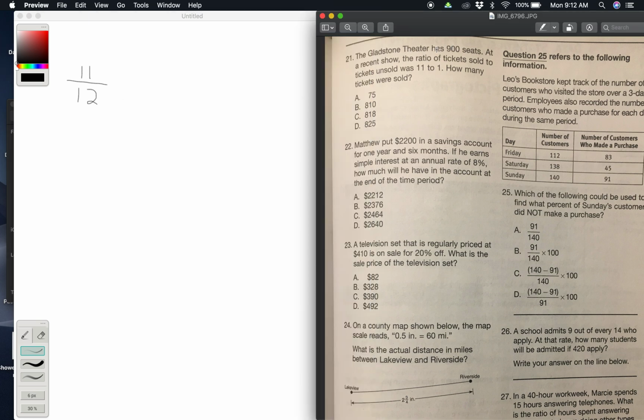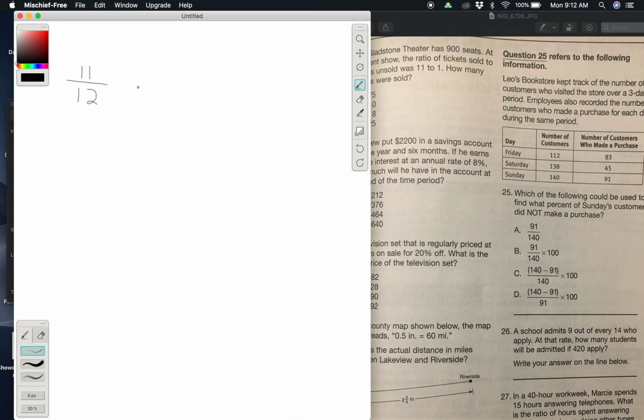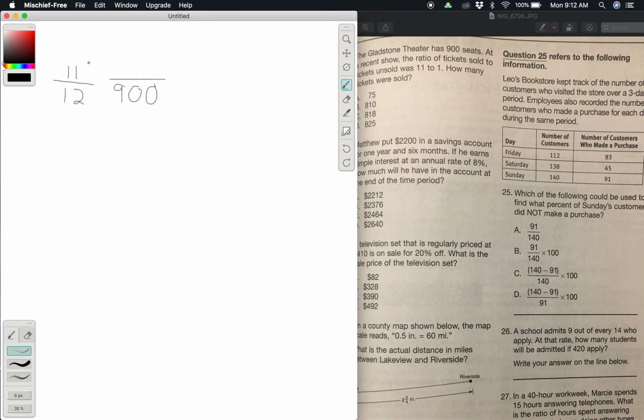The theater has 900 total seats, so that's representative of the 12 here. We put it next to the 12. Then we simply do our calculation, which is 11 times, and here's the x. So we multiply toward the x and divide across.